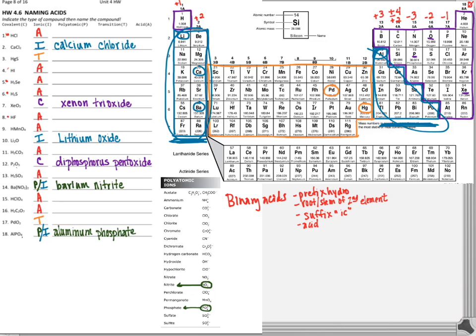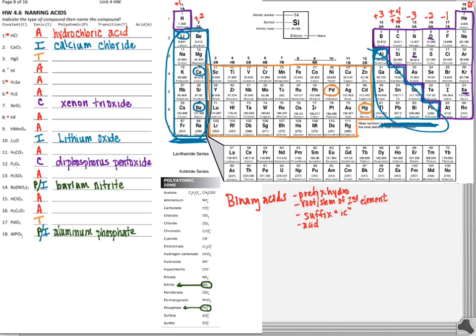So again, HCl, I'm going to start with hydro. My root word would be chlor, C-H-L-O-R for chlorine. I'm going to change the ending of that to ic, and my last part is add the word acid. My next one, I have number 4.